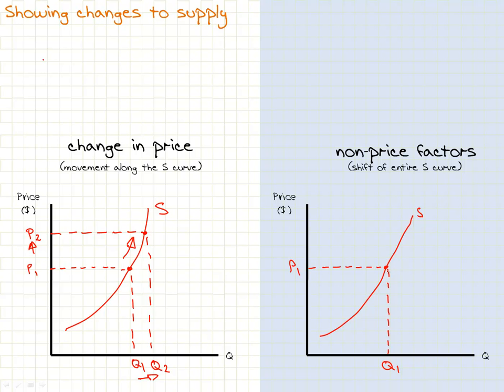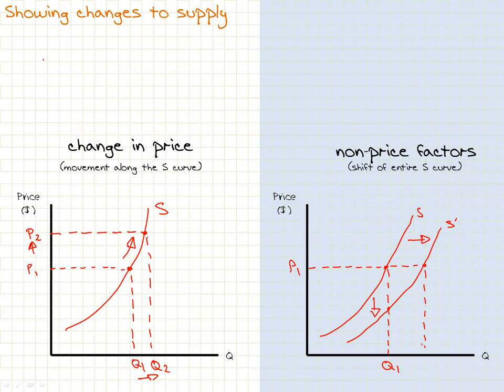So because their marginal cost of production is lower, to produce that same amount of good, their marginal costs are going to be lower. So we're going to show the supply curve as shifting to the right, or in actual fact you could argue that it's gone down. We just typically say that the supply curve has shifted to the right if there is an increase in supply. So this firm is now willing to supply more output at the same price.